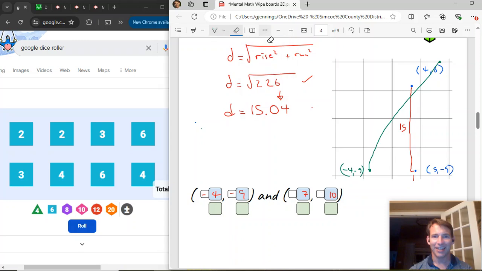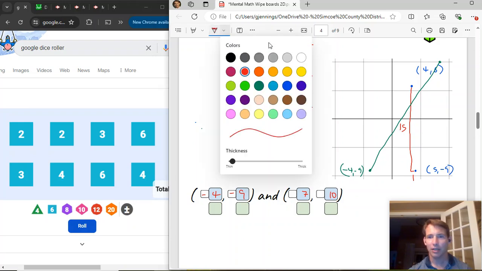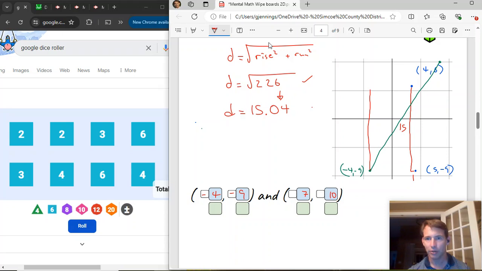And I can't stand that either. So let's draw a better hypotenuse. That's much better. All right, and then we're going to investigate this right angle triangle here, which has a rise of 19 and a run of 11.